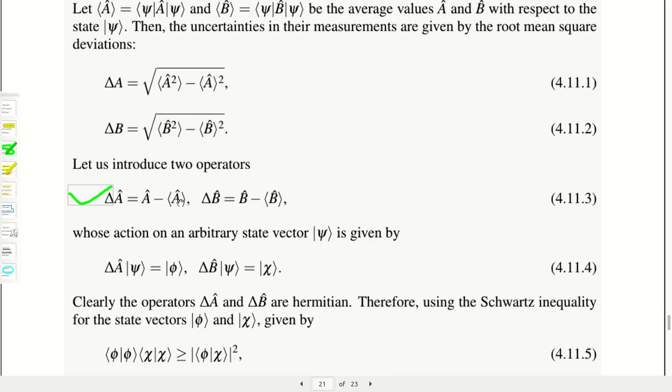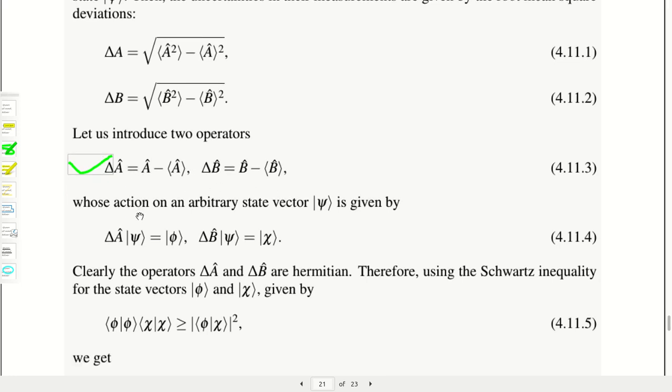Yes, it is an operator, you can say a multiplying operator, and A is your basic dynamical variable operator. So A minus the expectation value of A is the delta A operator. Similarly, the delta B operator is the B operator minus the expectation value of B. So these are the new operators we have defined for simplicity of calculation.